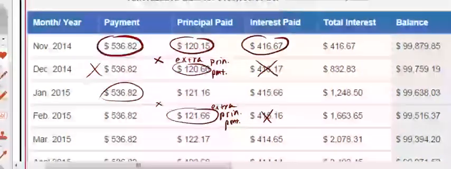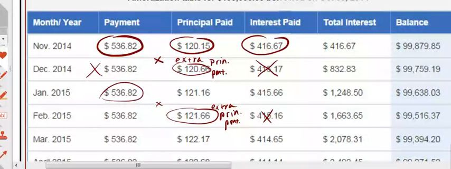If you continue to do this, you are going to greatly decrease the amount of interest you pay on that loan. And that's just called making an extra principal payment.